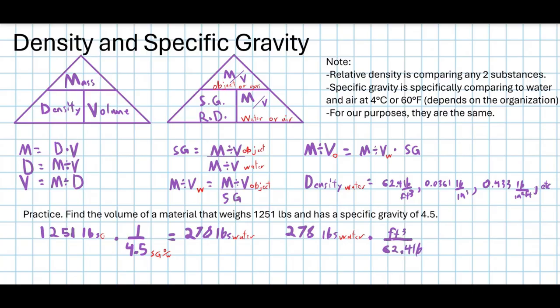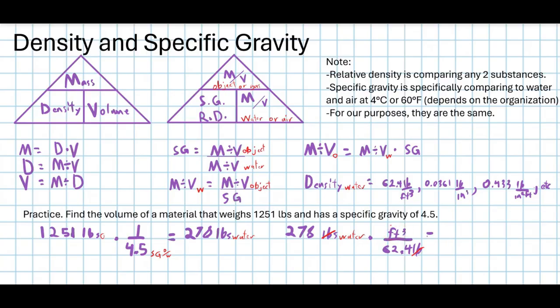Now remember, this is just another way to write 278 pounds divided by 62.4 pounds per cubic foot. We do it this way because it shows our units clearly, and I have pounds, and I am left with my units of cubic feet on top.